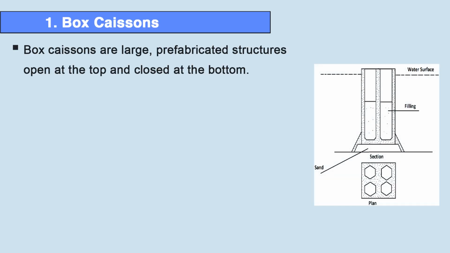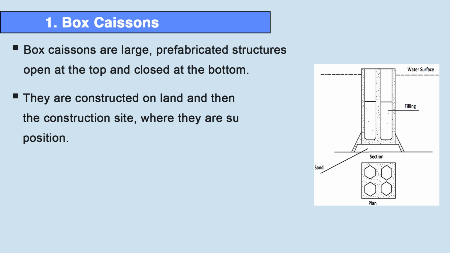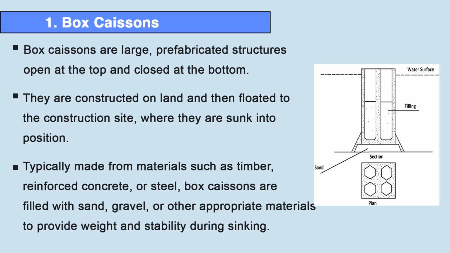First is box foundation or box caissons. Box caissons are large prefabricated structures open at the top and closed at the bottom. They are constructed on land and then floated to the construction site, where they are sunk into position, typically made from materials such as timber, reinforced concrete or steel.